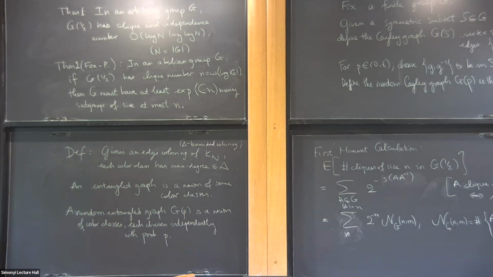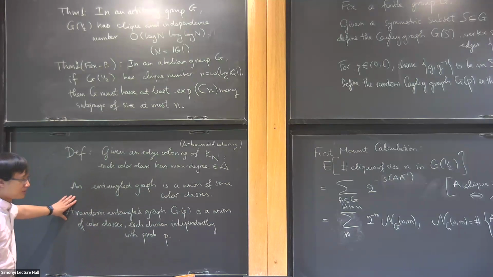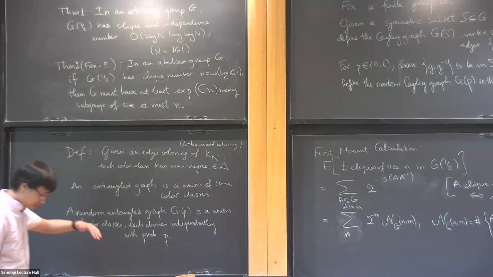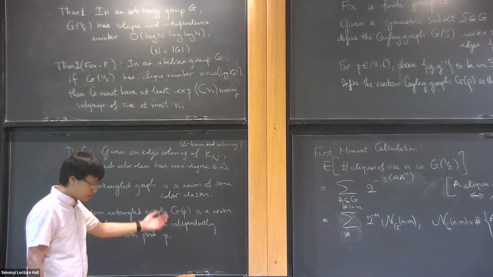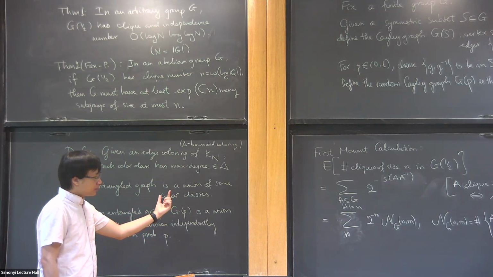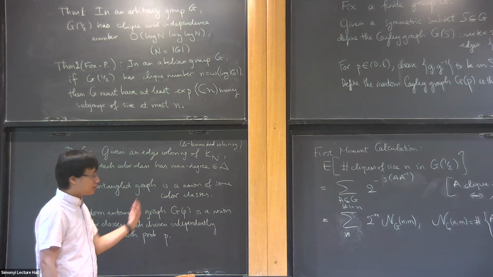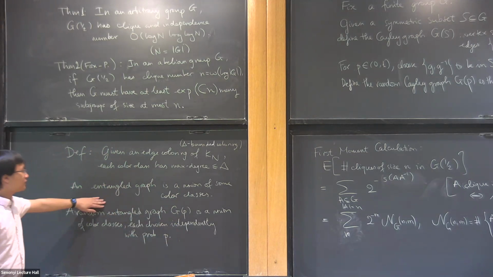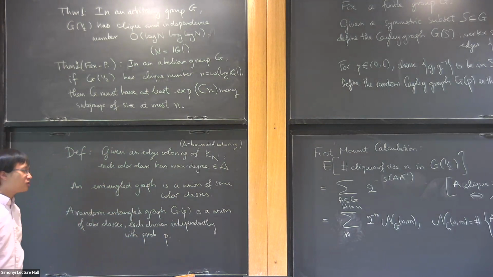In fact, I'm not going into detail right now, but there is a further generalization of this ensemble of random entangled graphs, which we call delta-independent graphs. A delta-independent graph is just a distribution, a random graph for which the appearance of an edge can only depend on a subgraph that has max degree delta. So this is kind of a representative case of that, but that is a slightly more general notion.